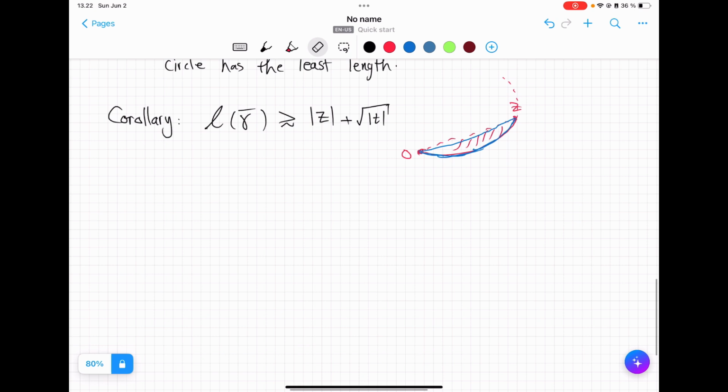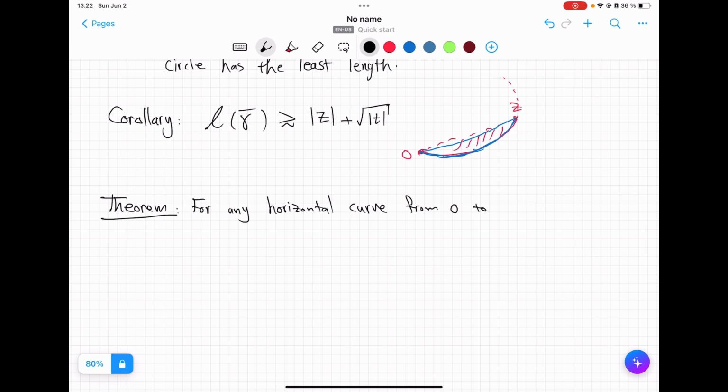So all in all, we conclude the following theorem: for any horizontal curve from 0 to z and t, the length of gamma is bounded below by a universal constant.